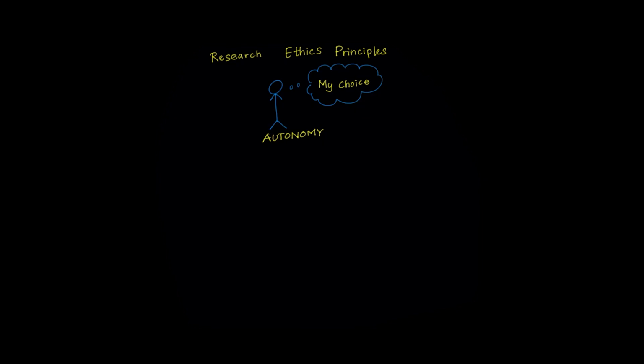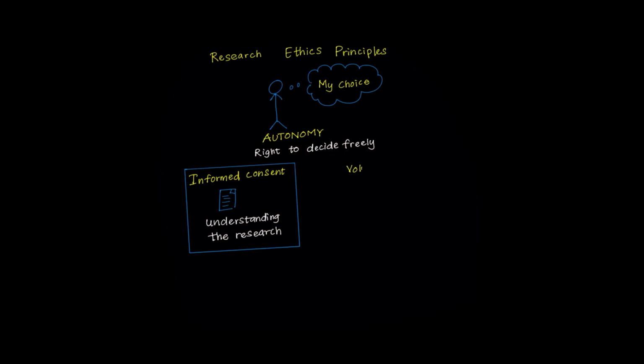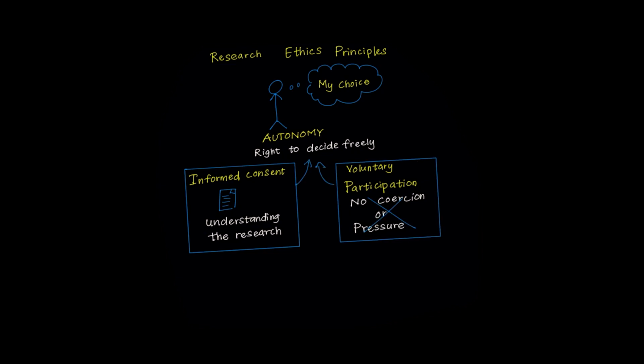Think of autonomy as the ethical foundation that says every person has the right to be the boss of their own decisions, especially when it comes to their body and their health. This principle encompasses informed consent, which means explaining the research in plain language so people truly understand what they're agreeing to, and it also means making absolutely sure there's no pressure or manipulation that might make someone feel they have to participate.